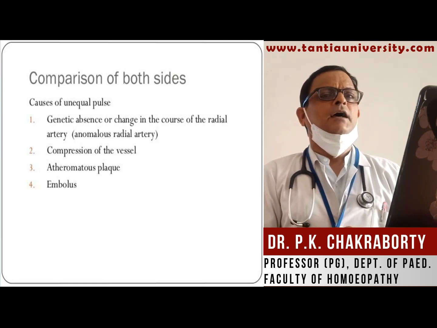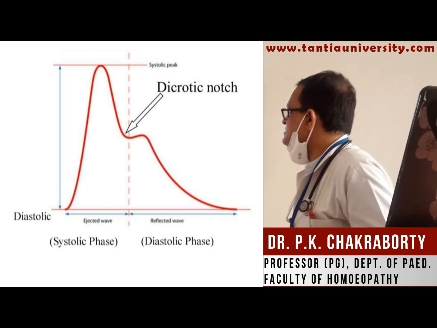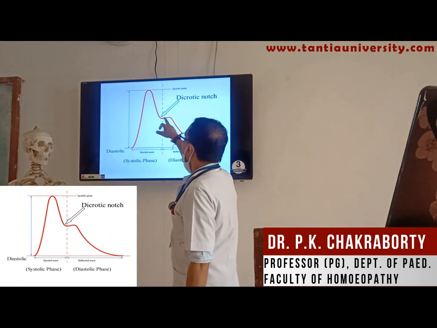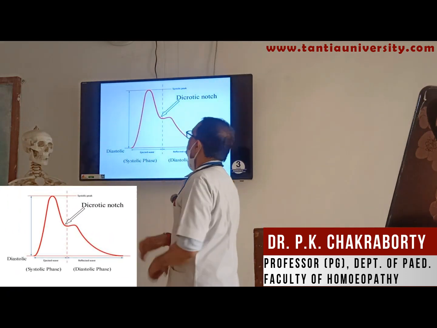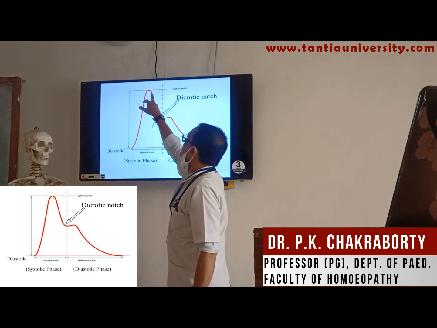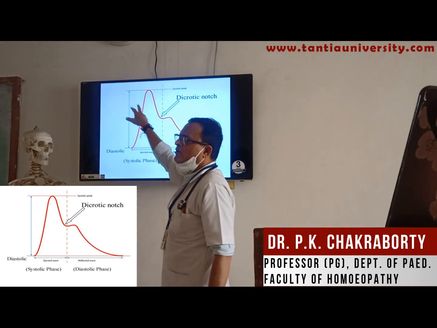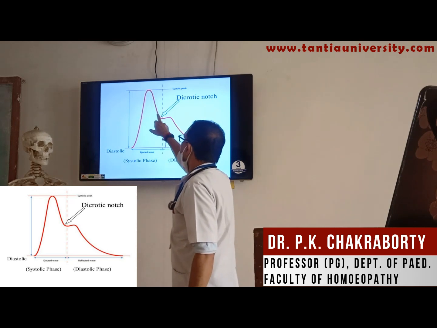It will help. This is the normal curvature of the pulse. You will get two phases: one is the systolic phase and there is a diastolic phase. You get a sharp rise. After that, in the systolic phase, it is rounded. It is not an apical peak you are getting; it is a little rounded. After that it is coming down.